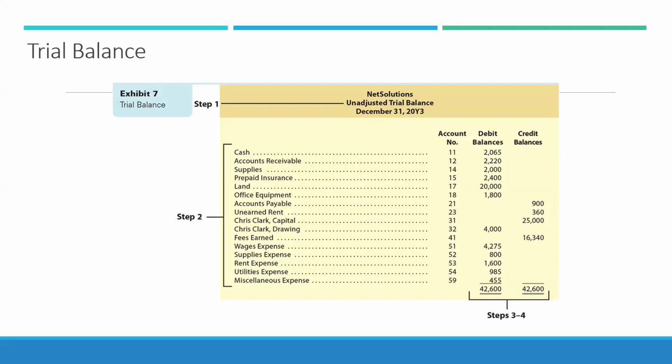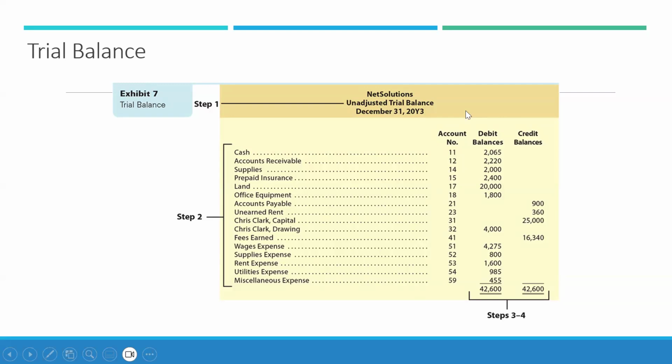And if it's an asset, they're going to have a normal debit balance. We'll post those balances. If it's a liability, won't it be a normal credit balance? And then Chris Clark Capital's a normal credit balance. Drawing is a debit balance.